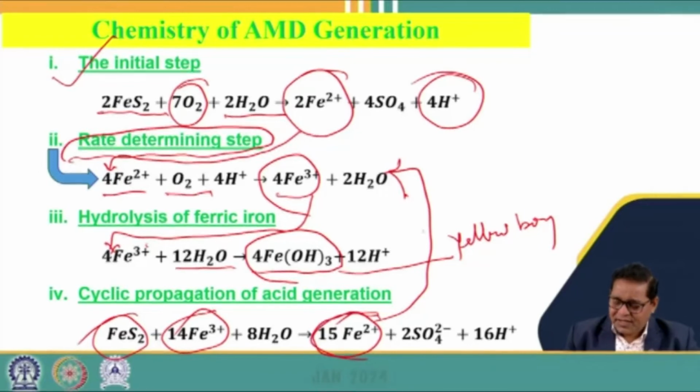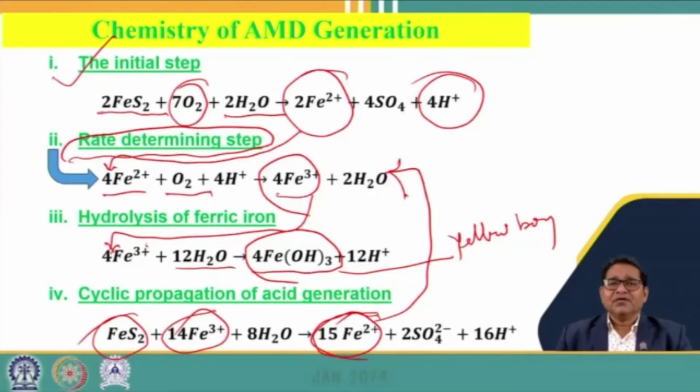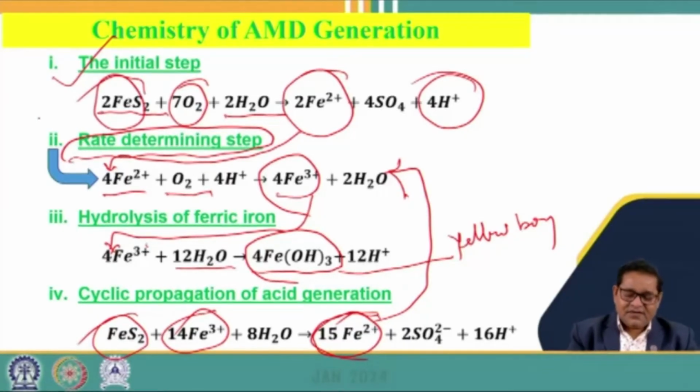So again this starts the cyclic propagation of acid ions generation. So this is the chemistry behind the acid mine drainage, and this process does not stop until this entire pyrite that is present in the coal reserve or the waste stockpiles is oxidized.